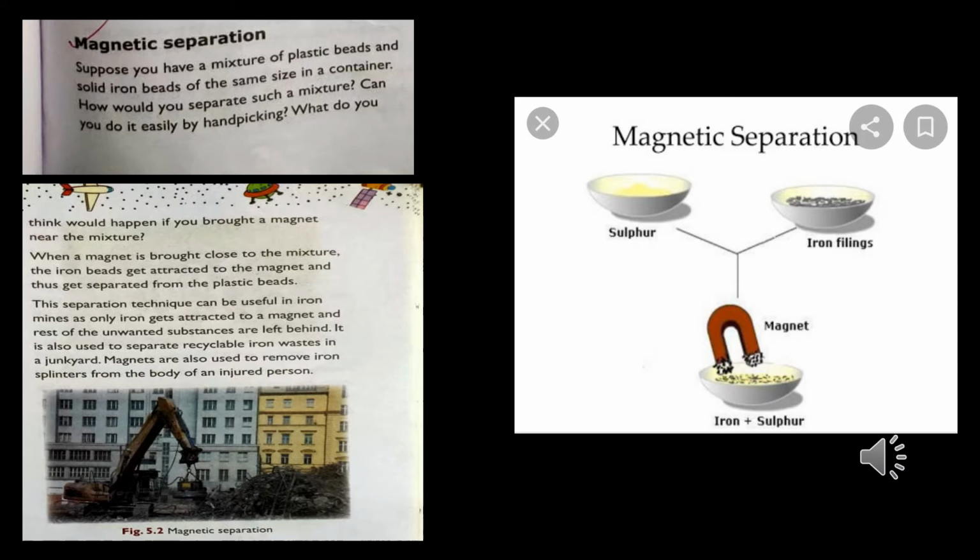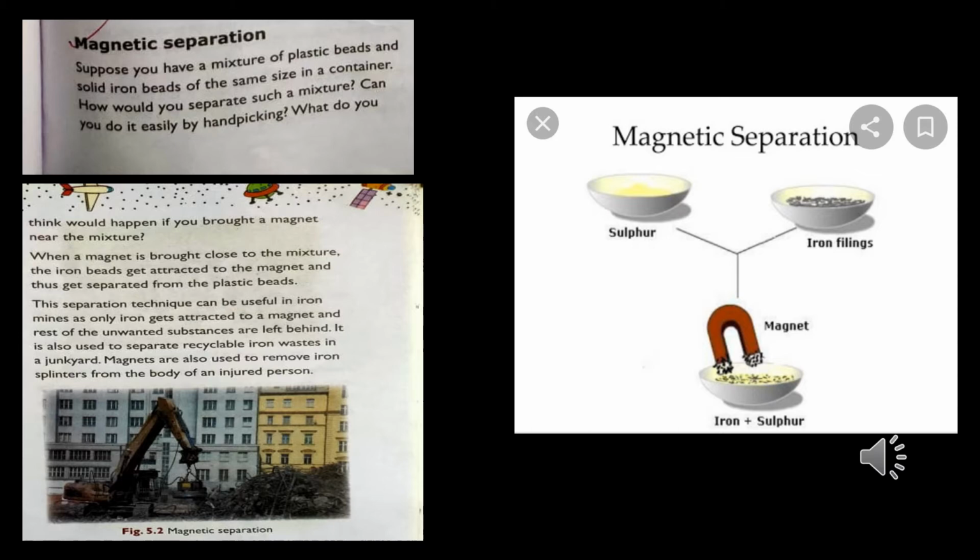This separation technique is very useful for iron industries. In iron mines, only iron gets attracted towards the magnet and the rest of the unwanted substances are left behind. It is also used to separate recyclable iron waste.